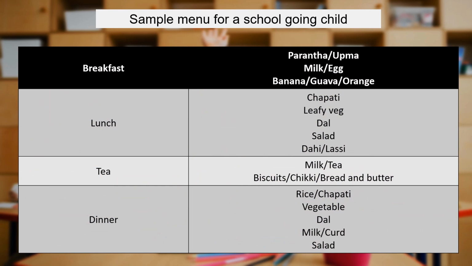It could contain leafy vegetable, a katori of dal, some salads and some food from the milk food group such as dahi or lassi. Tea time, the child could have tea or milk with some biscuits or chikki, bread and butter. Dinner could be the same as lunch, comprising rice or roti or chapati with some vegetable, dal, curd and salad.